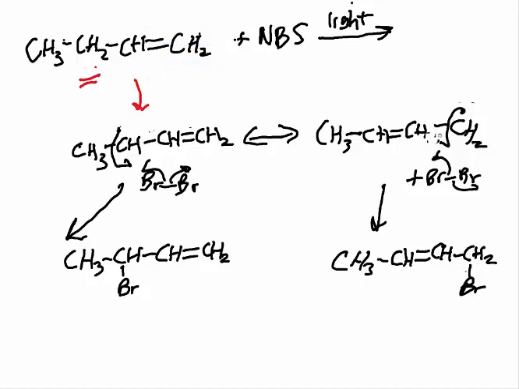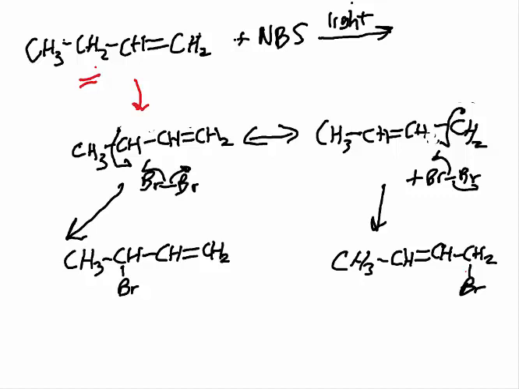All right, and there we have it. Assuming that each resonance structure that we draw, each allylic radical type drawing is real, and letting each one react, that's going to point us to, in fact, the correct product.